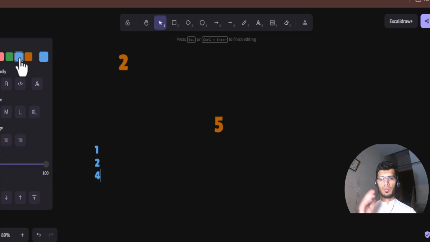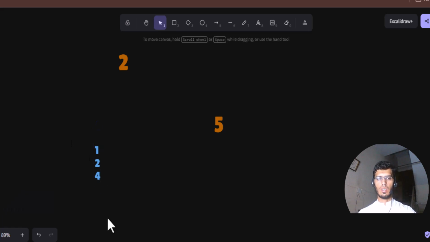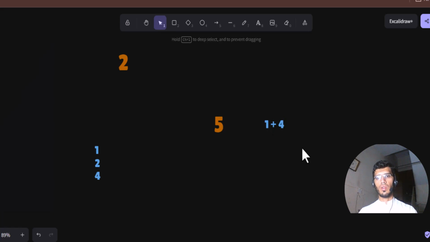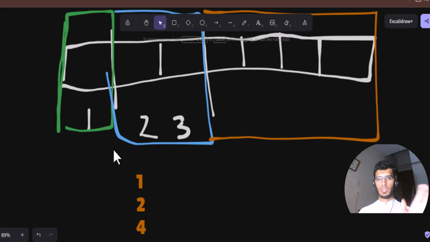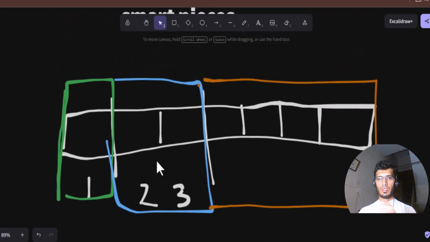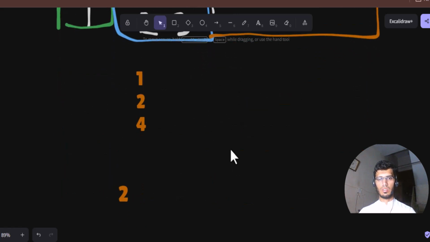Now let's suppose we have to make the number 5 using the numbers 1, 2 and 4. You will say, we will take 1 and 4. We give the first unit, the green one, and the third unit, the orange one.